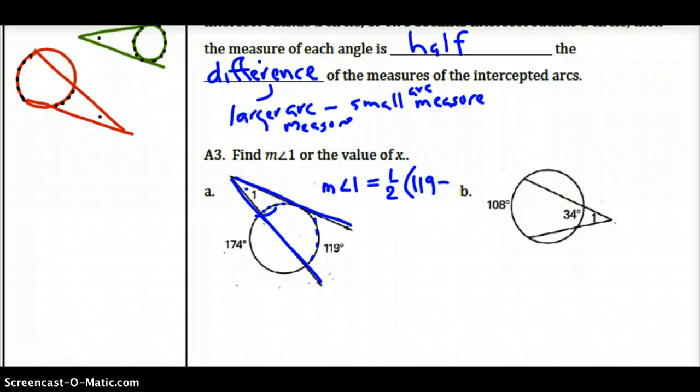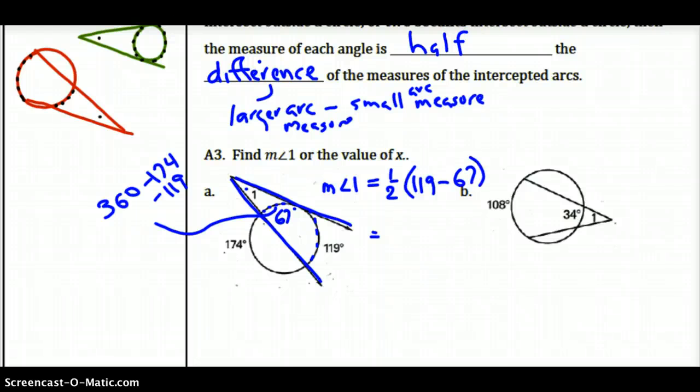We can find this by 360 minus 174 minus 119. So that arc comes out to be 67 degrees. So I've got 67 degrees, and that will equal 26 degrees after we subtract and take half.